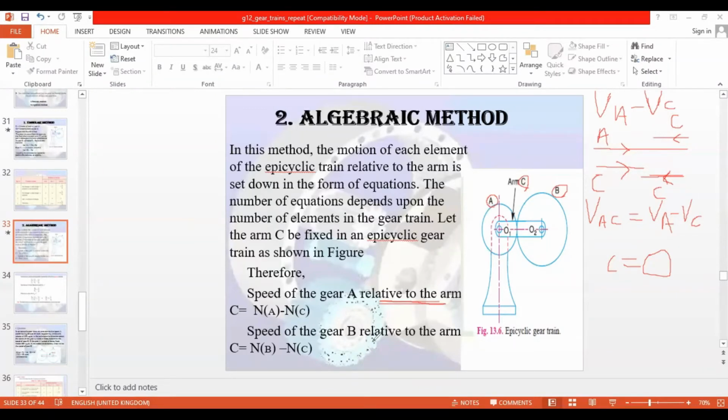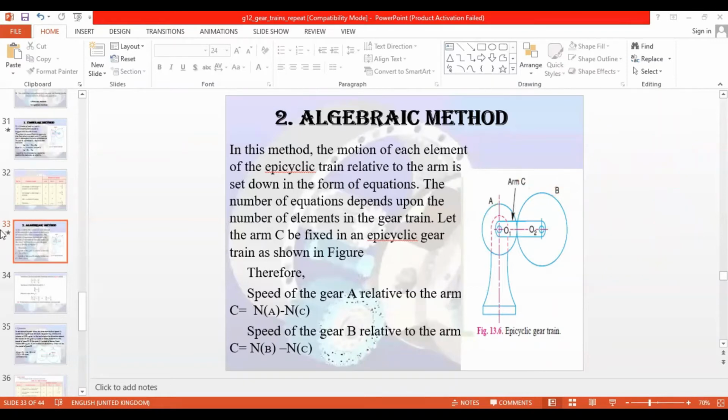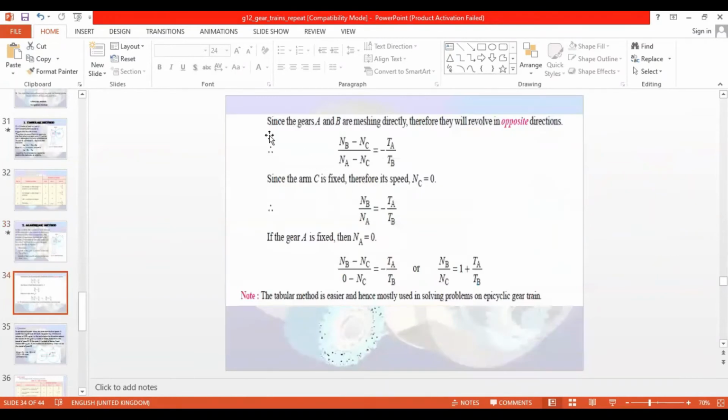Since this is relative velocity, that is NB minus NC. So now I have found the speed of gear A relative to arm C, and the speed of gear B relative to arm C. I have two equations now, and we will put them into the equation.